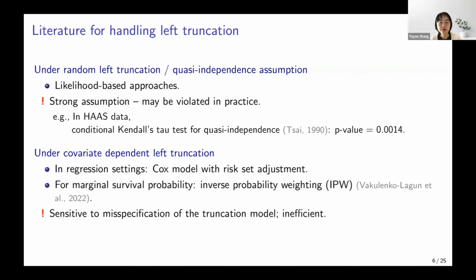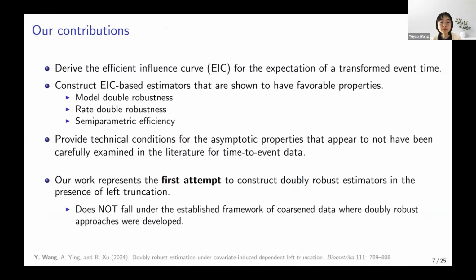For marginal survival probabilities, inverse probability weighting approaches have been developed. However, the IPW approach is sensitive to misspecification of the truncation model and also inefficient. So these motivate us to develop estimators that have more protection against model misspecification and are also more efficient.